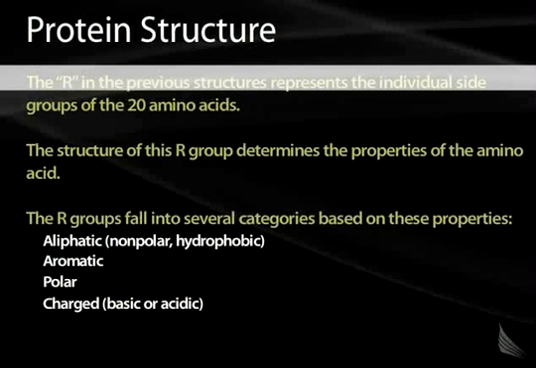These R groups, or these side chains, fall into several different categories depending upon their chemical properties. These categories include aliphatic, which are nonpolar or hydrophobic amino acids, aromatic amino acids, polar amino acids, and charged amino acids, which can be either basic or positively charged, or acidic or negatively charged.